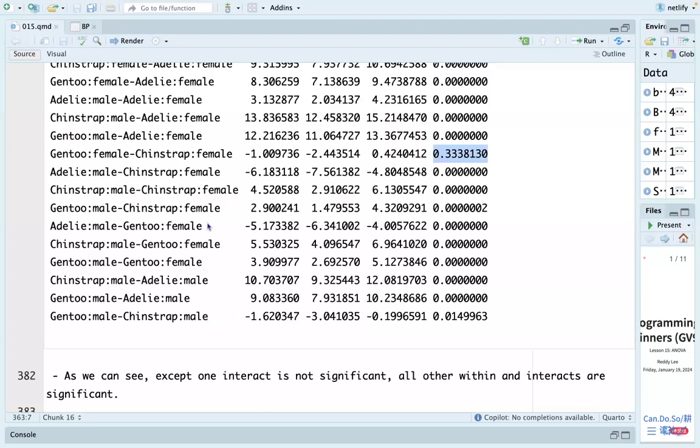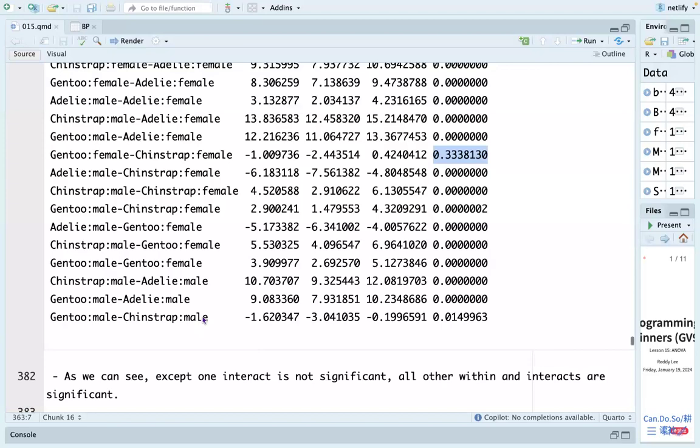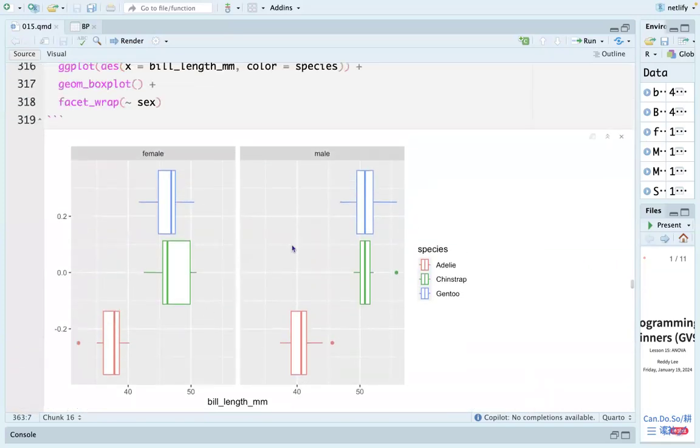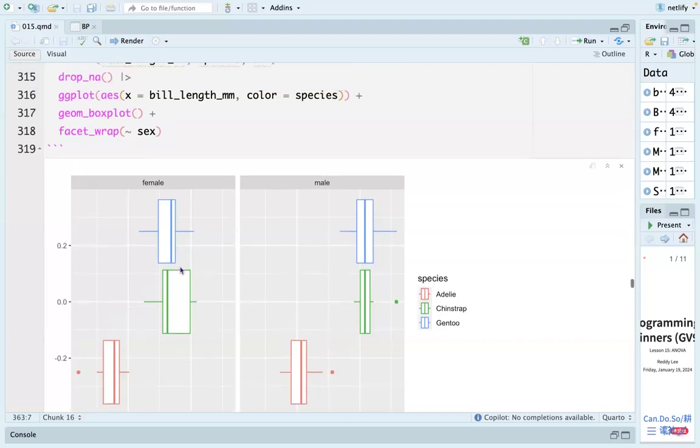Female is quite close, but the male is not close. They are significant at the 5% level. So this, but this looks more close to this one. I don't know what's happened.